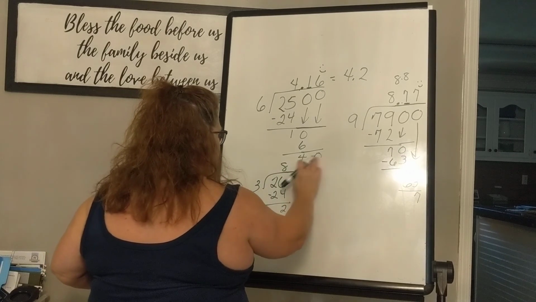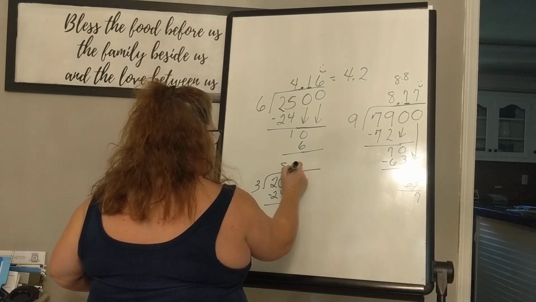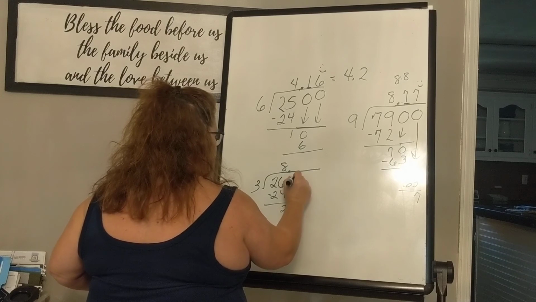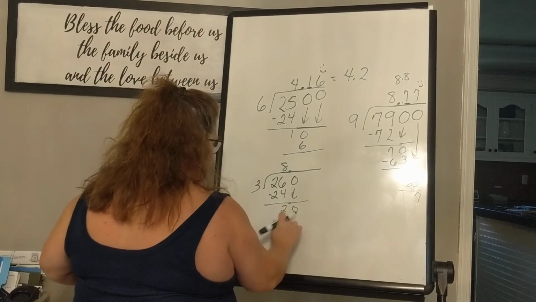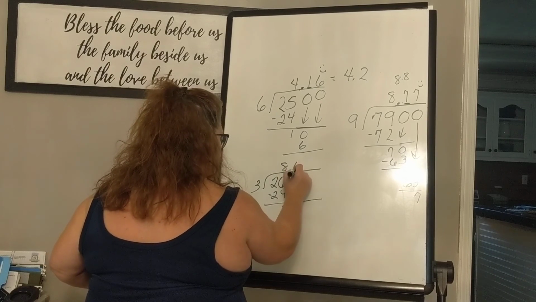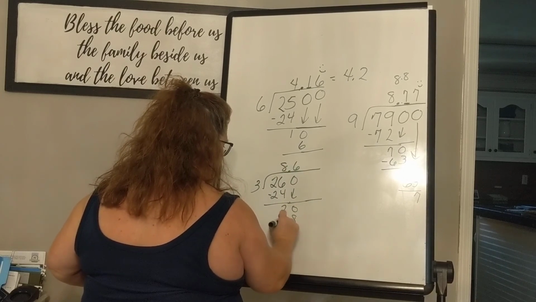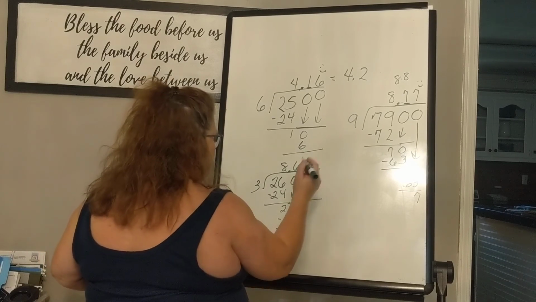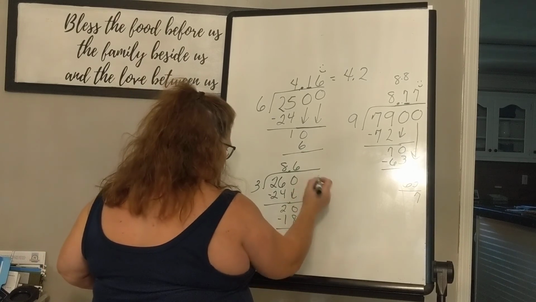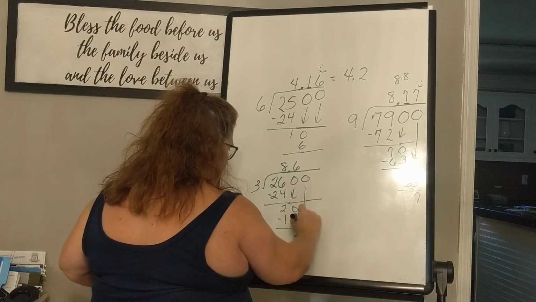Okay, so we are going to put a decimal in our quotient, a 0 in our dividend. Bring our 0 down. How many times will 3 go into 20? 6 times. 6 times 3 is 18. Subtract, 20 minus 18 is 2. Now this is one of the same ones. Annex a 0. Bring it down.